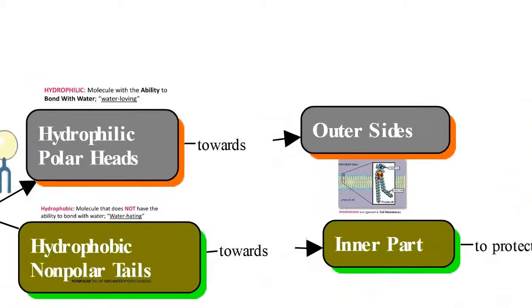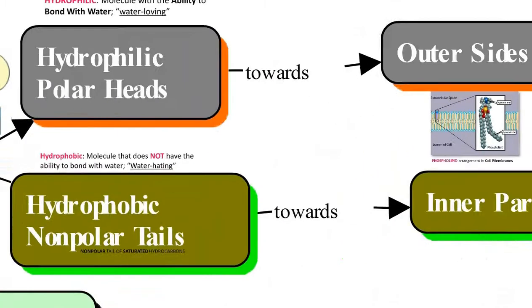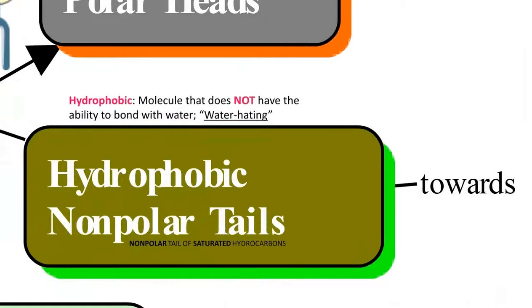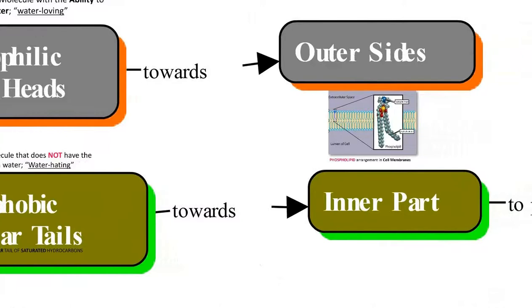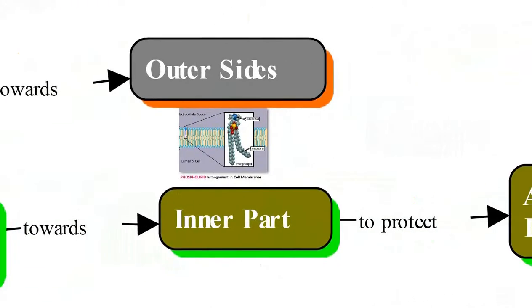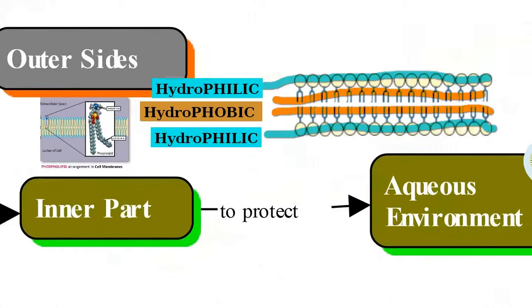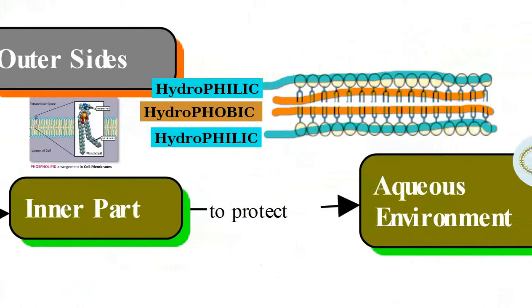The hydrophobic non-polar tail regions are present towards the inner part of the plasma membrane, because these are the water hating side of the molecule. The main aim is to protect the hydrophobic region from the aqueous environment.